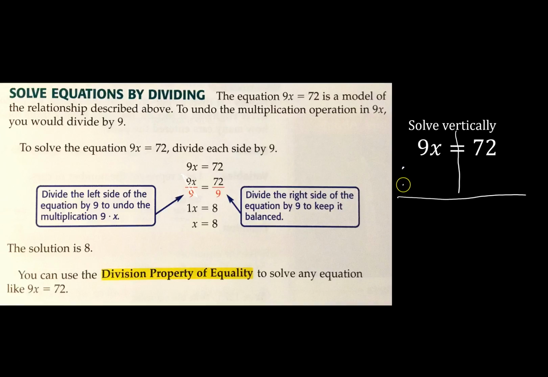And I'm actually going to use the good old-fashioned division symbol, which you've probably never used. Divide both sides by 9. And then that will be x by itself, and this will come out to 8. So this is how I am requiring you to do it. You must use the division symbol. None of this.